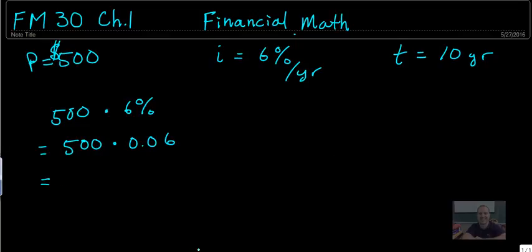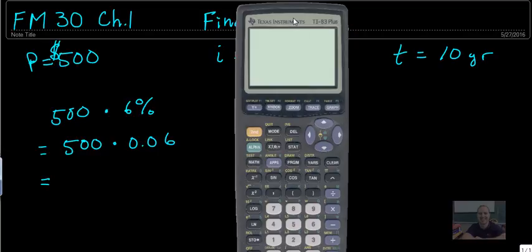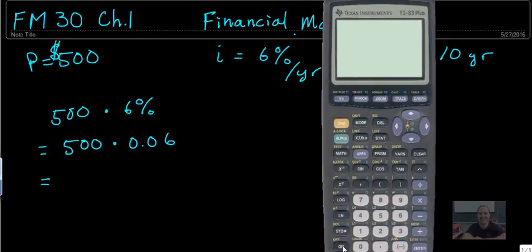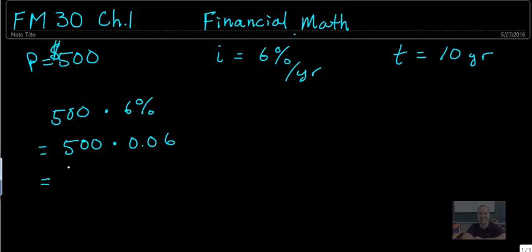Okay? So if we go down here, I'm going to get the calculator up. We're going to go 500 times the decimal form of 6%, which is going to be 30. 6% of 500 is 30 bucks. So we have $30 is going to be paid the first year.